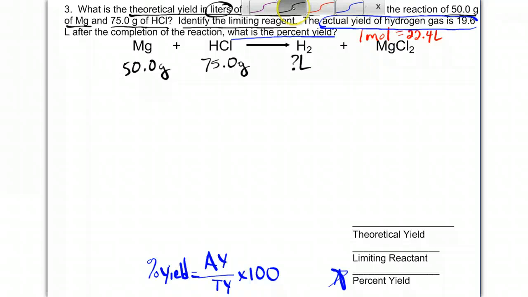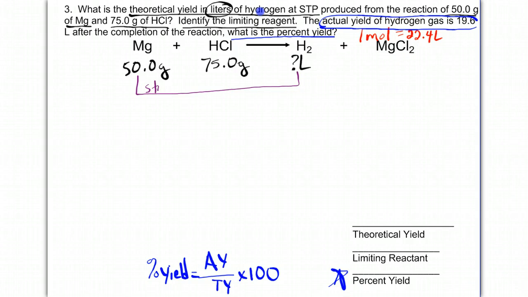So first, what has to happen is we need 2 stoichs. One from magnesium to hydrogen, that's stoich number 1, and a second one from hydrochloric acid to hydrogen as well, so that'll be stoich number 2. And here are our 2 stoich problems fully set up.